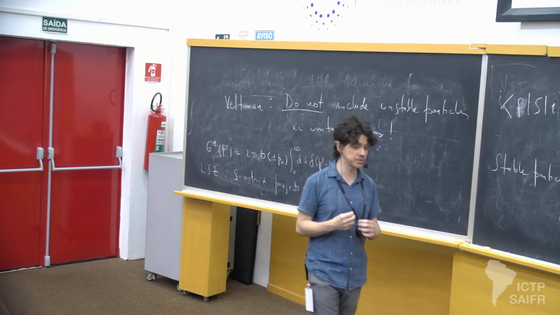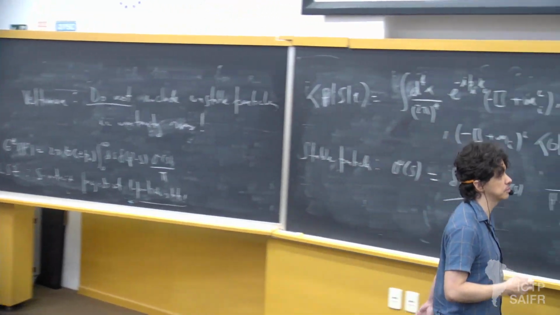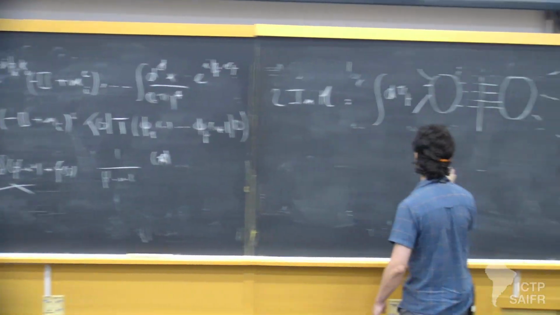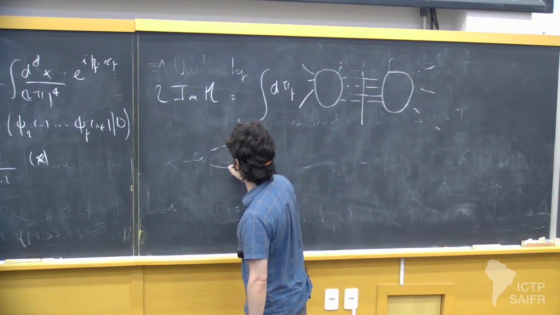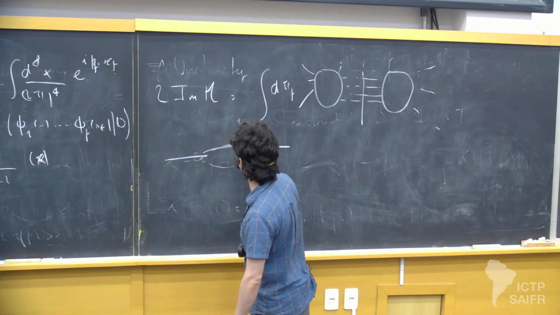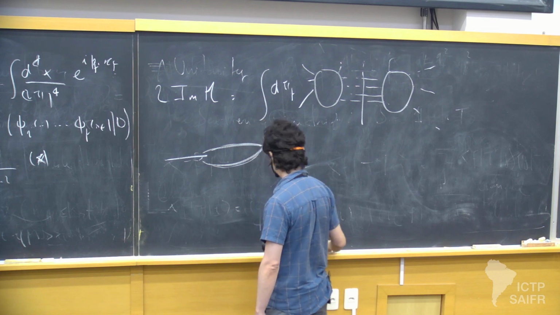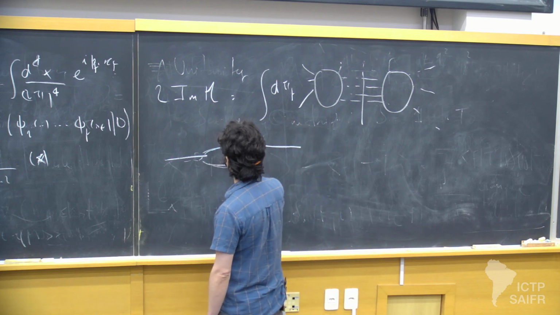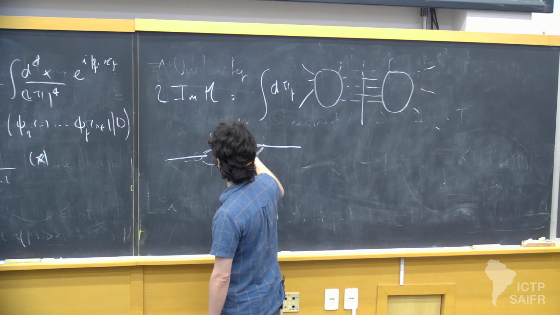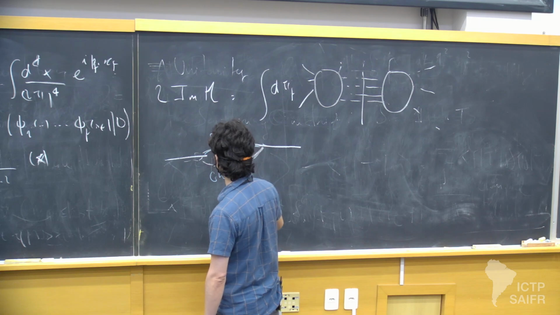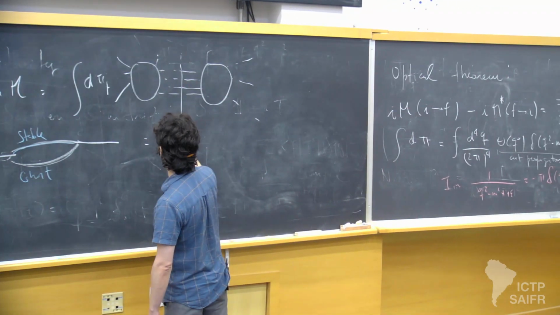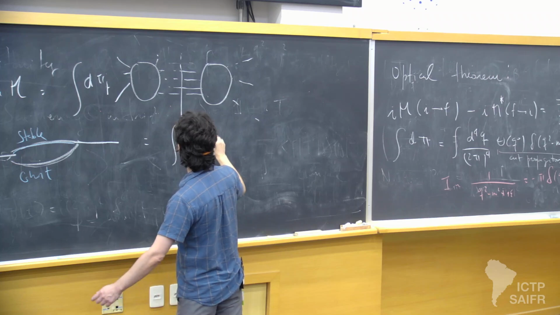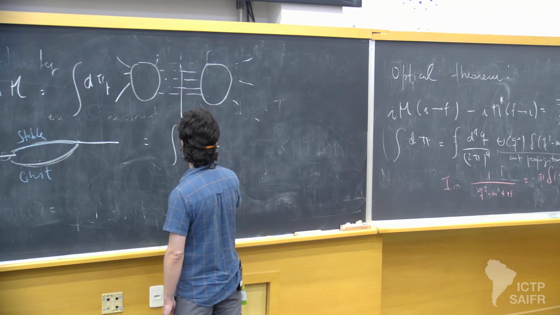So you can use these methods to construct the amplitude. So suppose we do this for, let's say, a bubble integral. But let's say that the bubble integral has an unstable particle and a ghost. So in momentum space, this would look like this part of the amplitude, something like that.